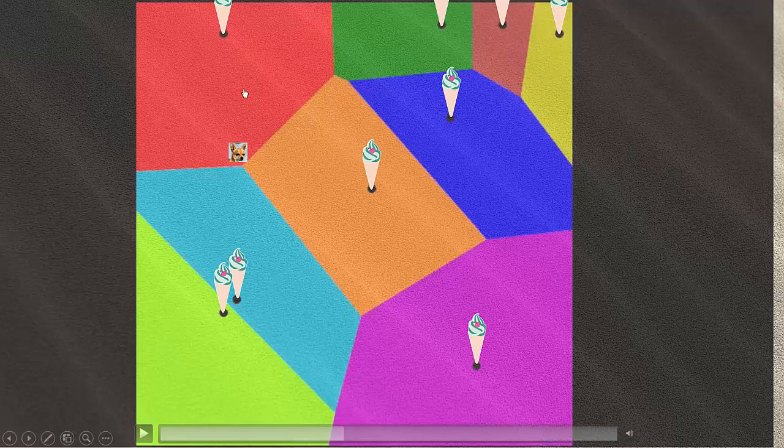The concept of Thiessen polygon is that if there are different points in a geometry, every point has got its coverage area, such that within this coverage area, this point is the nearest from any point on this polygon. So if instead of being here, if you were in this position, you will fall in this Thiessen polygon. So the nearest ice cream stall will be this ice cream stall.